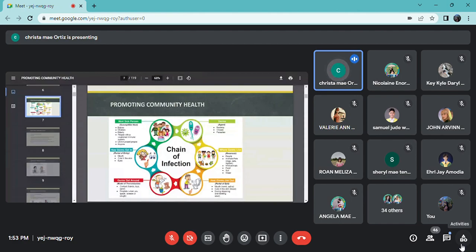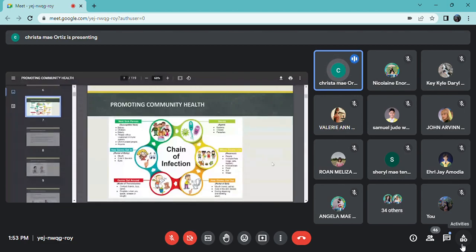First, we have the agent. The terms under this: an agent could be a bacteria, a virus, or a parasite. These are our microorganisms. It is not limited to bacteria causing diseases, because it could also be viruses or parasites, and these three are different from each other. Next, we have the reservoir.